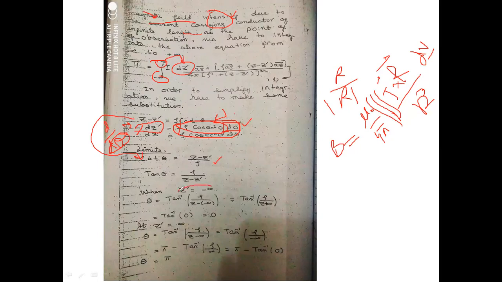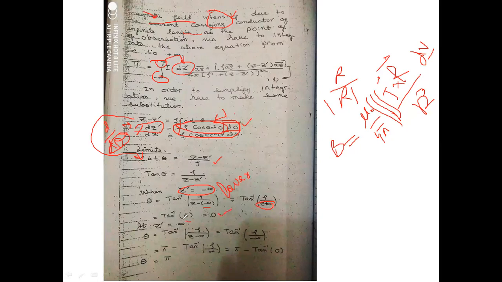Putting the limits, z dash is equal to minus infinity, this is the lower limit. Minus into minus gives plus, so z plus infinity will be infinity. Anything divided by infinity will be 0, so tangent inverse 0 will be equal to 0.